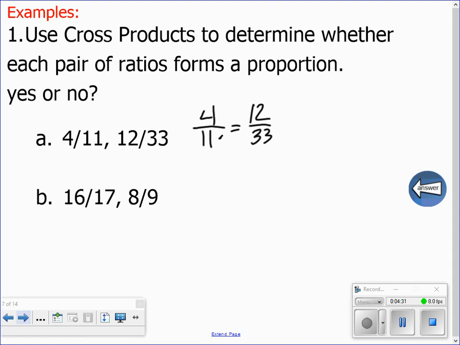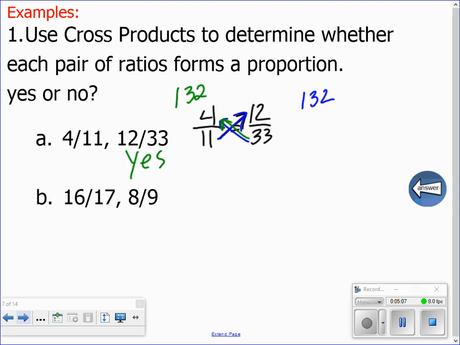So if I check the product of my extremes, this would be 11 times 12, which is 132, should be equal to the product of my means, which would be 4 times 33, which would also be 132. If they're equal, then they're proportional. So these ratios are equal, so these would be proportional. So yes.